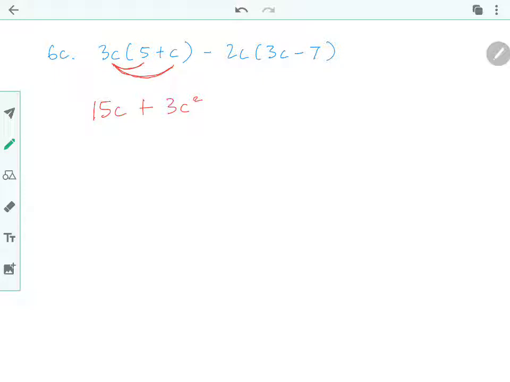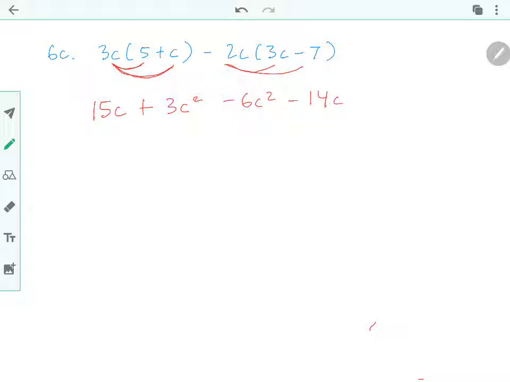Okay, pardon me for the interruption. Let's go again to the next part. So negative 2c times 3c equals negative 6c squared, and negative 2c times negative 7 equals negative 14c.